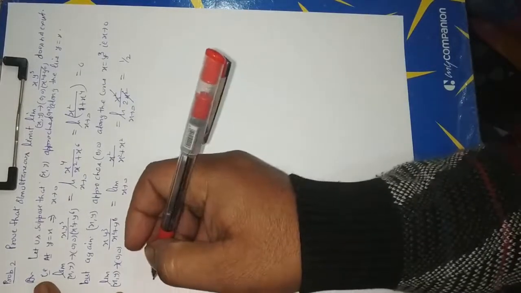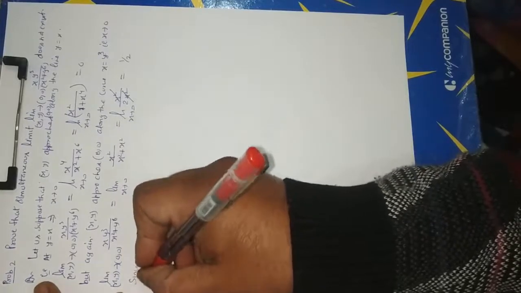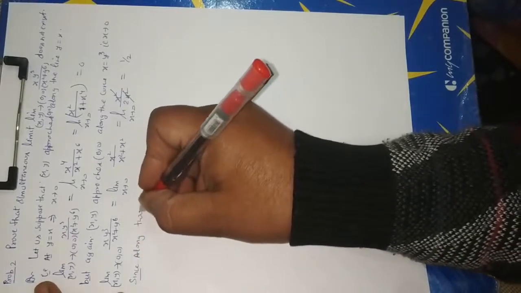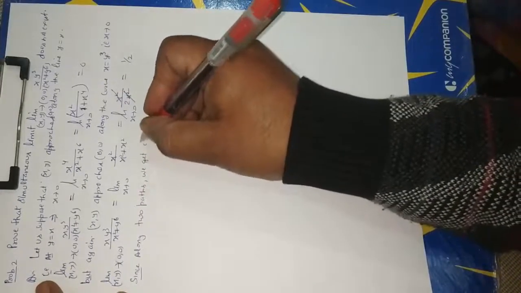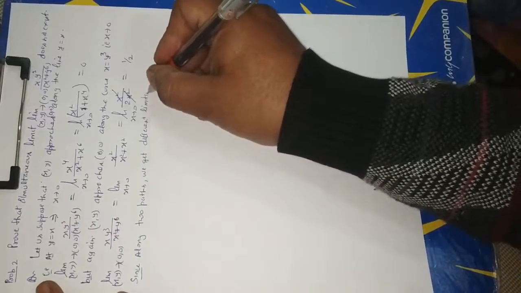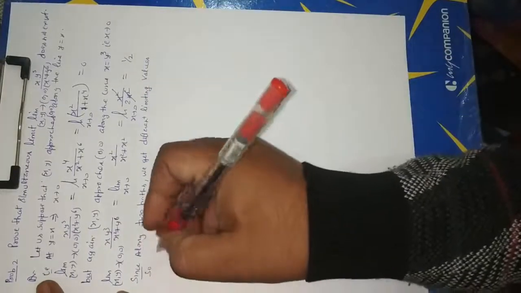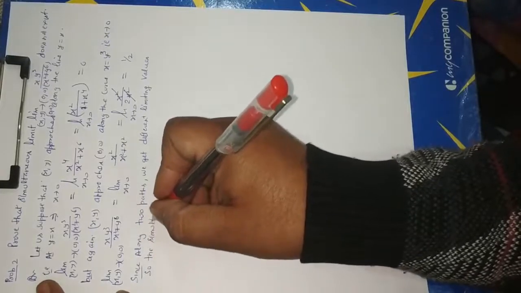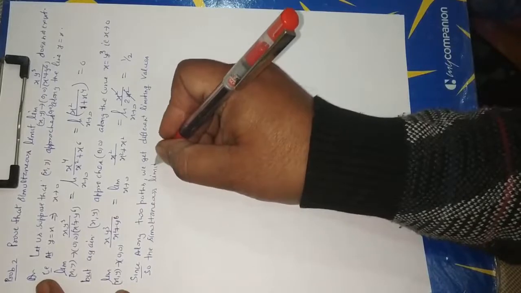Or we can say, since along two paths we get different limiting values, the simultaneous limit does not exist.